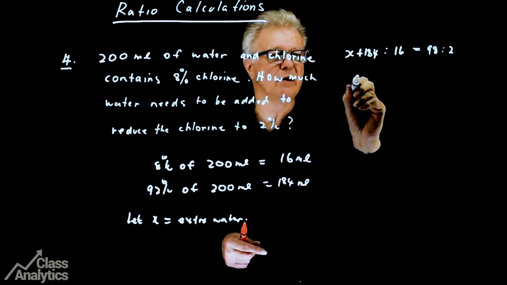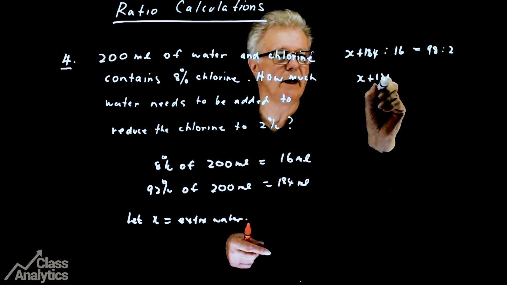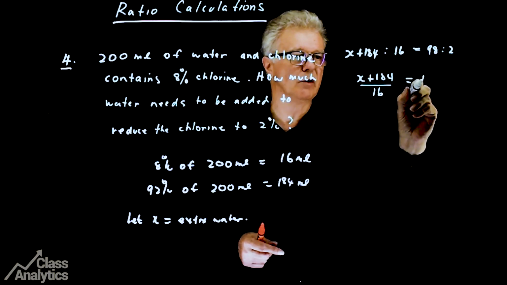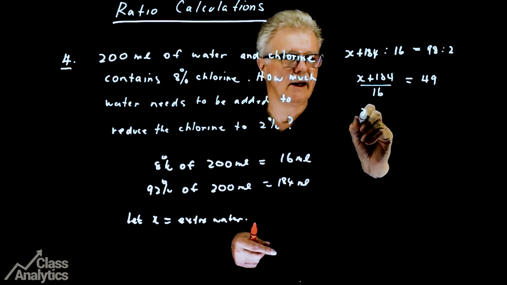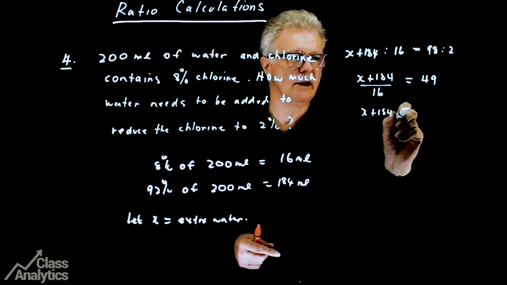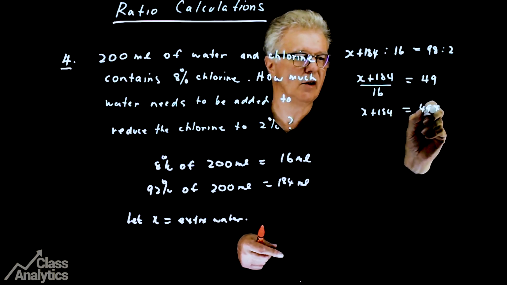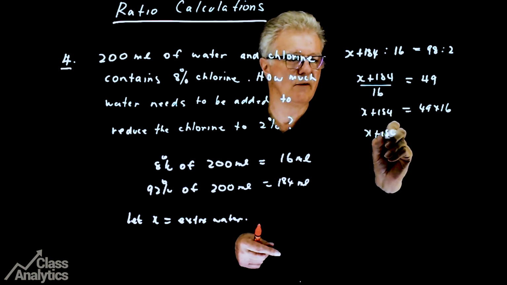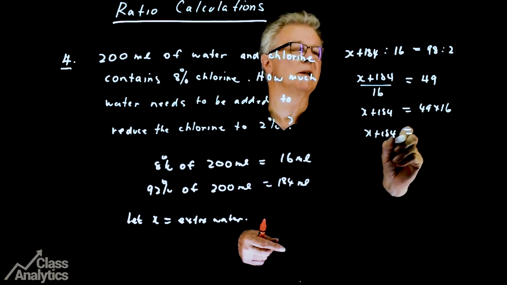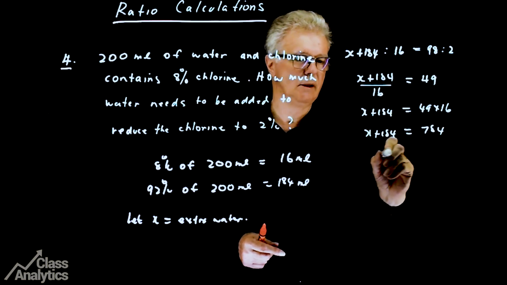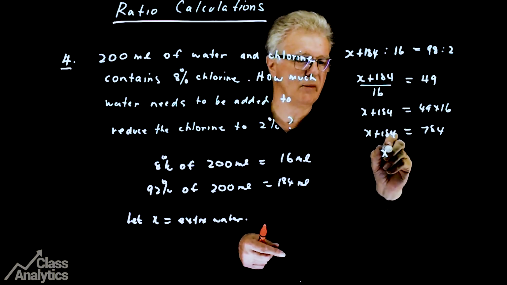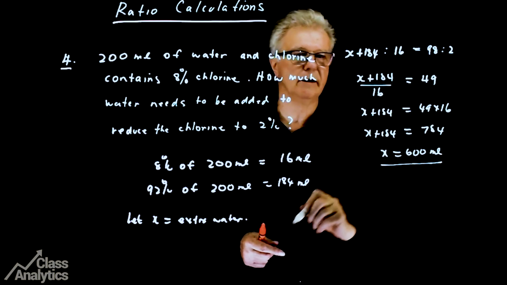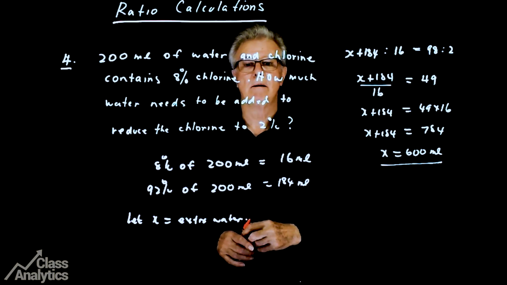Right, now as a little equation, we've got x plus 184 divided by 16 is 98 over 2, which is 49. x plus 184 equals 49 times 16. So x plus 184 equals 784. And when we subtract that from that, we get the result of 600 ml must be added. Okay, it's done.